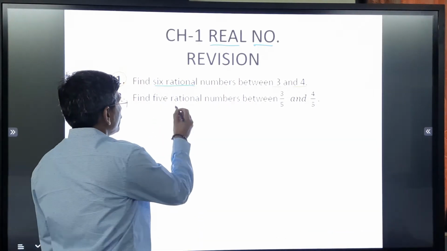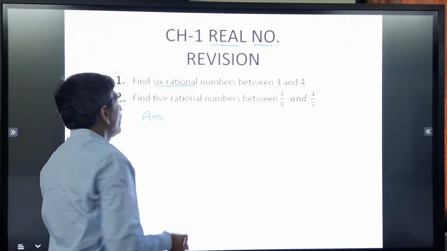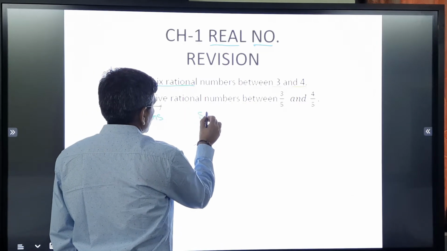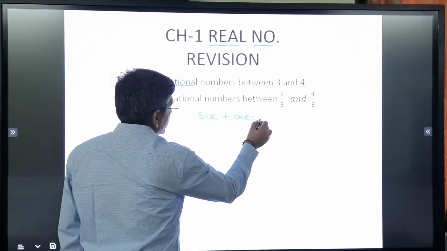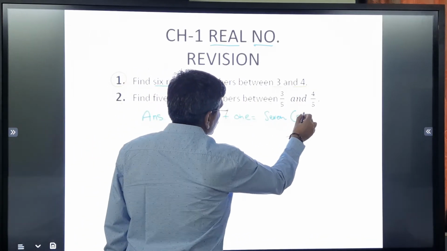So how can we write the answer? That is the first step. How many numbers are there? 6. So 6 plus 1 we have to do. That is 7. It means what do I have to do?